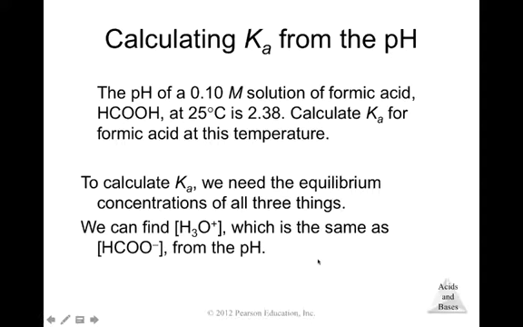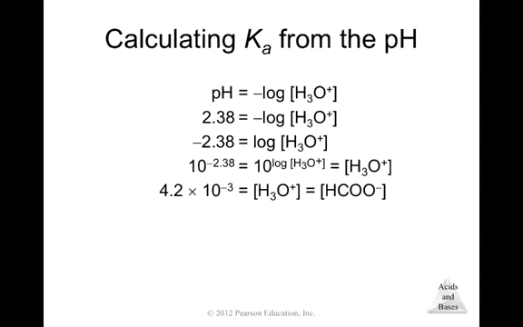To get Ka, we need to know the equilibrium concentrations of all these three things, right? Maybe you see where this is going. This might seem familiar to you. We can find H3O plus from the pH. pH is the negative log of H3O plus.